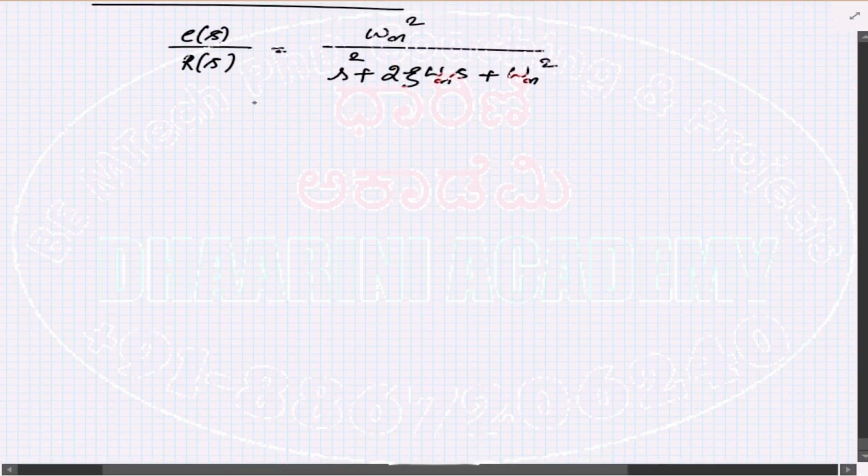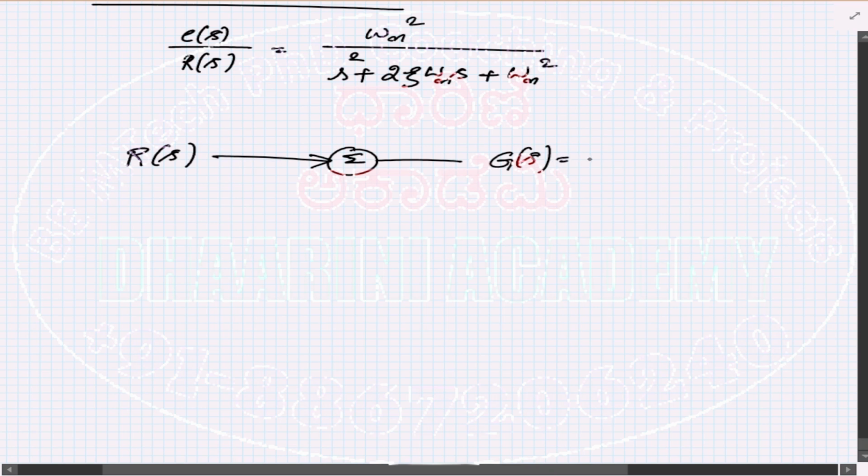This can be easily obtained for the feedback system, which is represented in the following form. So R of s is the input. This is given to a summing block. This goes to the forward transfer function, that is G of s, denoted as omega n square over s into s plus 2 times zeta into omega n.